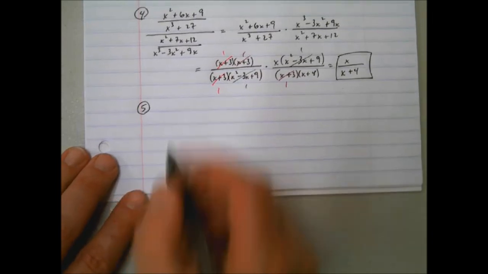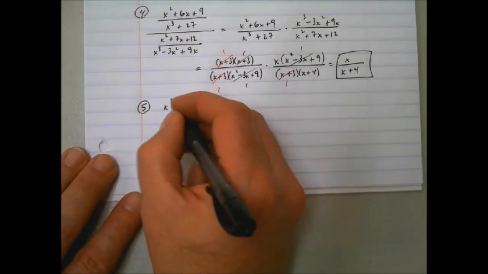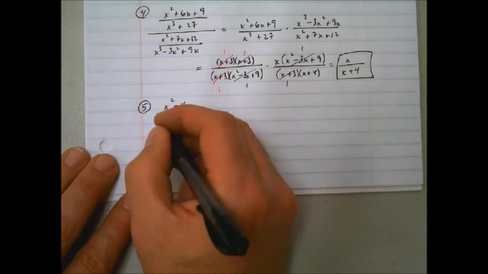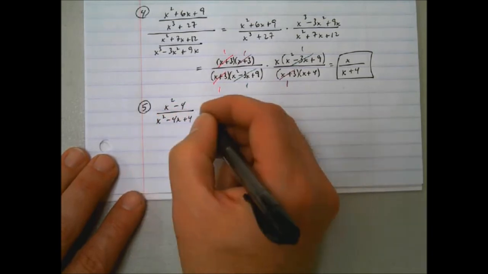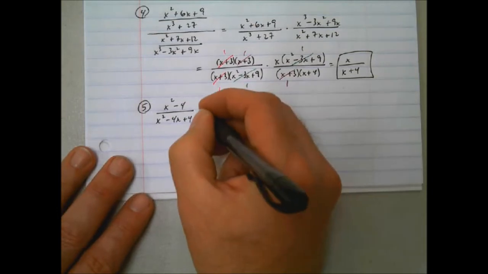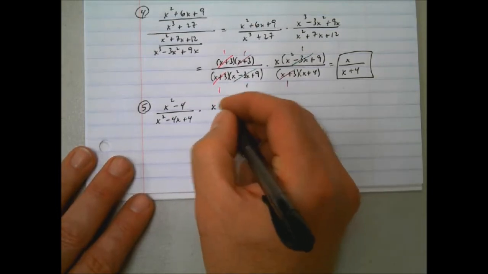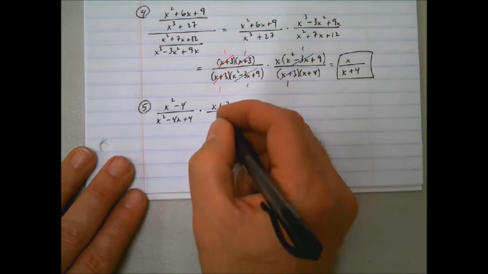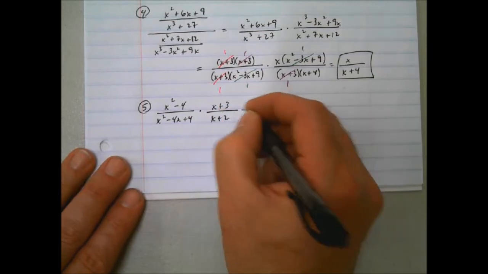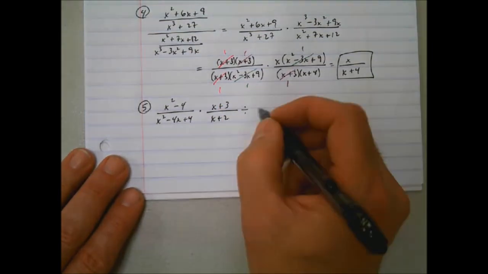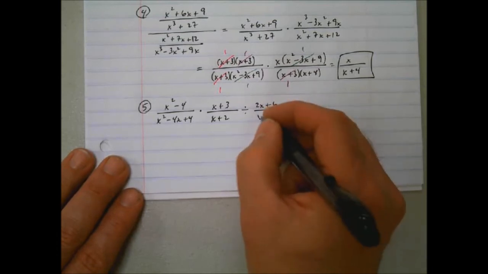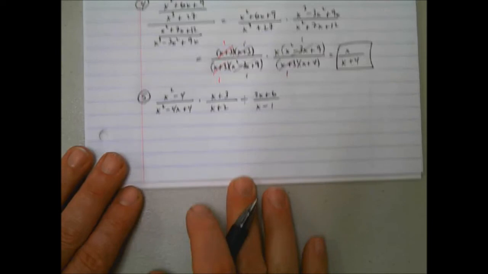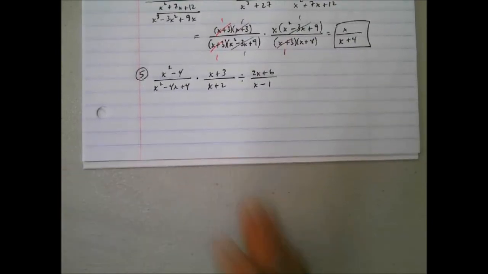Problem number 5. Another perform the operation. Okay, so x squared minus 4 over x squared minus 4x plus 4 times x plus 3 over x plus 2 divided by 2x plus 6 over x minus 1.